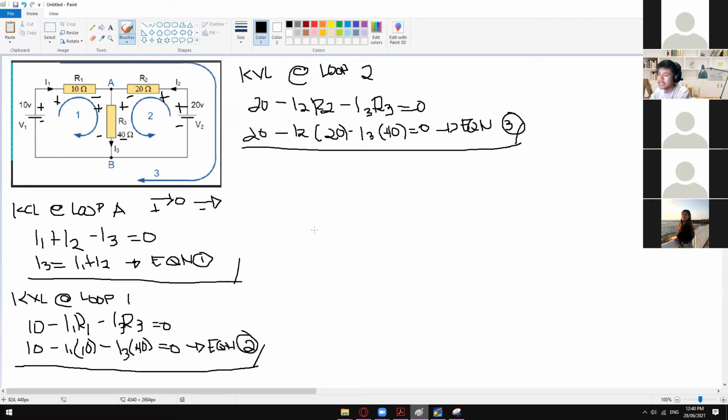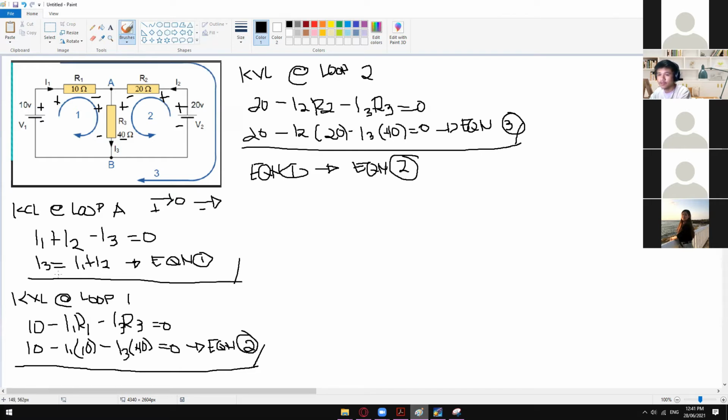Just by getting those two equations, we now have a total of 3 unknown variables. But we can eliminate that into 2 just by substituting the value of this I3 onto our equation number 2 or equation number 3. So let's say we replace the I3 with I1 plus I2, from equation number 1 to equation number 2.